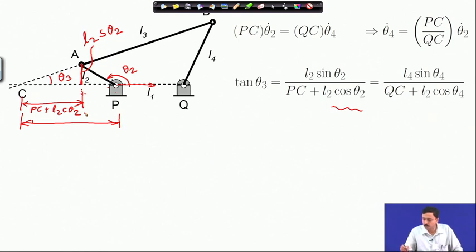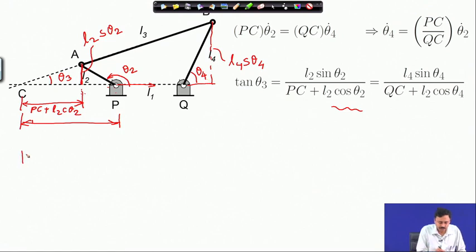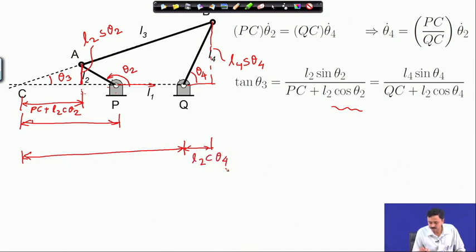That is also equal to L4 sin theta 4, this is theta 4, divided by Q c, plus this distance, L4 cos theta 4. So, both of these ratios are tangent theta 3.